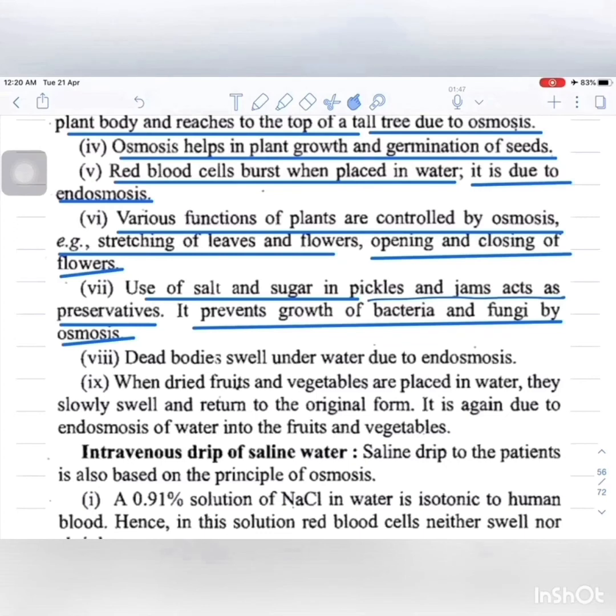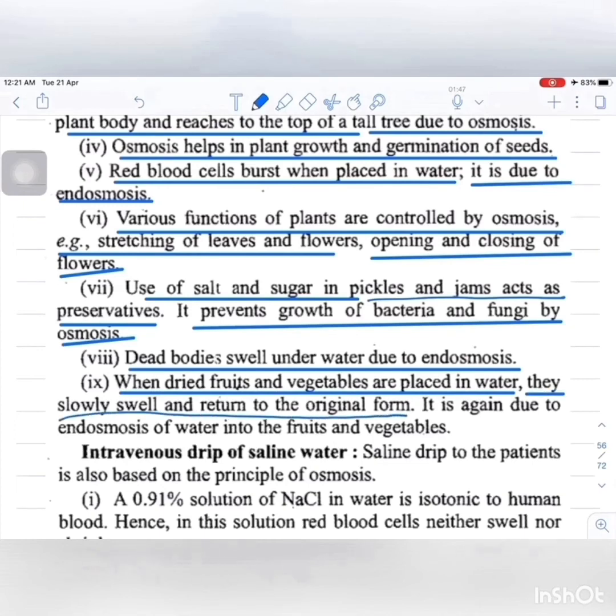So now pickle behaves like hypertonic solution and bacteria lose water to pickle and die. Dead bodies swell underwater due to endosmosis. When dried fruits and vegetables are placed in water, they slowly swell and return to original form. It is again due to osmosis, known as endosmosis.